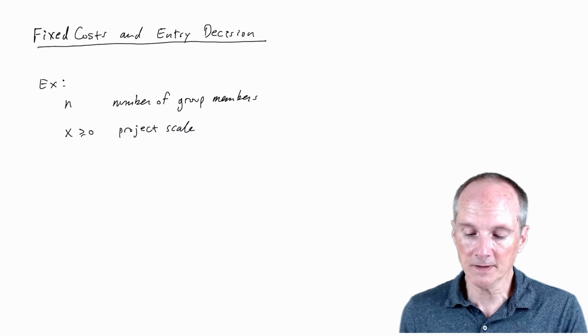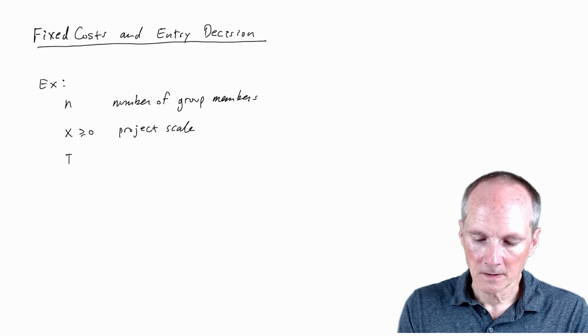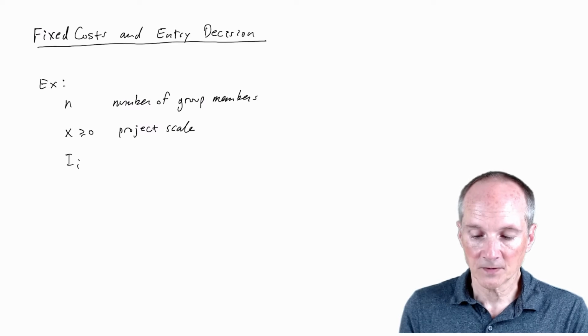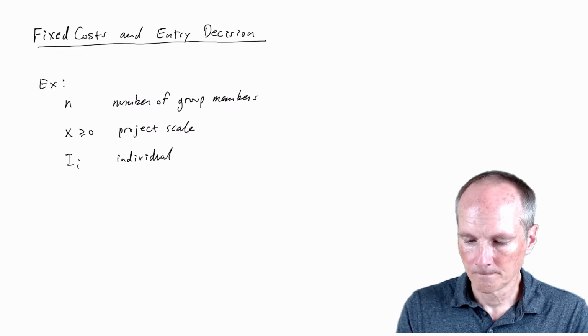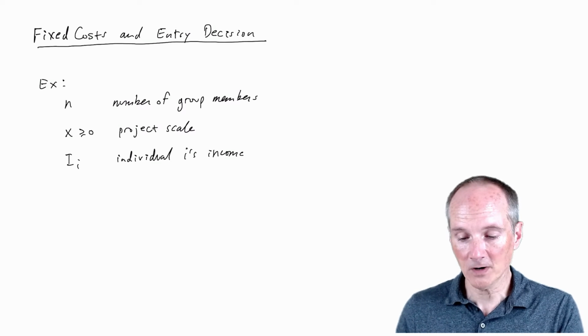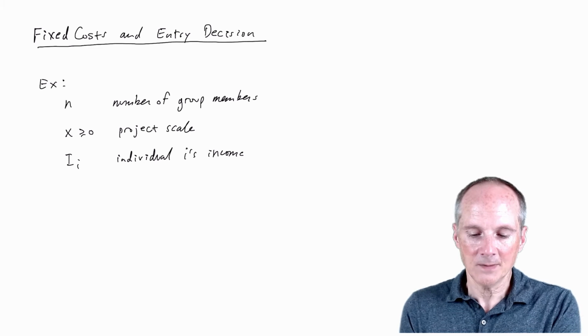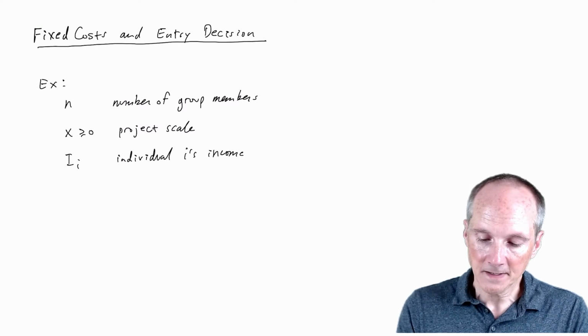And so I want to think about a situation where each member of this group has some income level. Obviously they decide how much they're going to work, but I'm not going to model that part and just say they have some income.